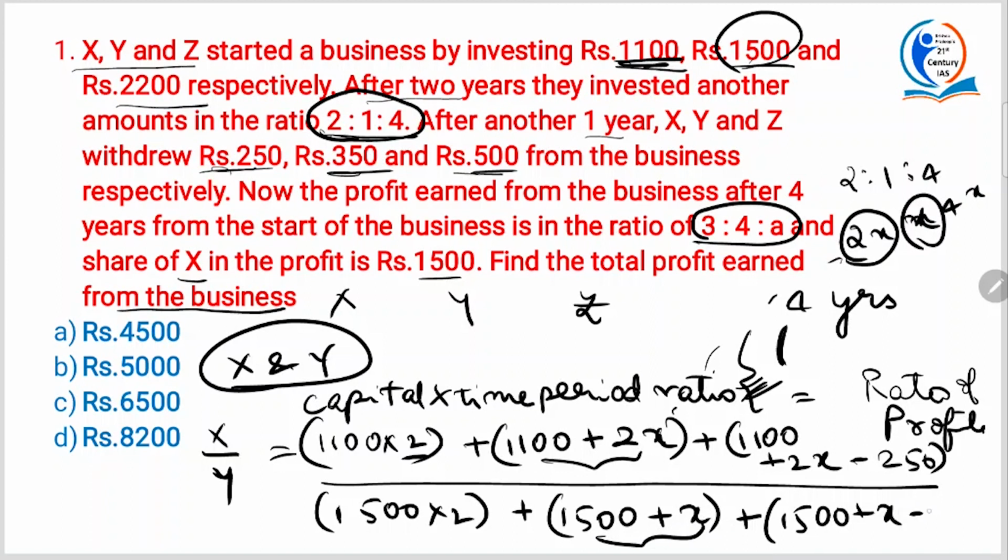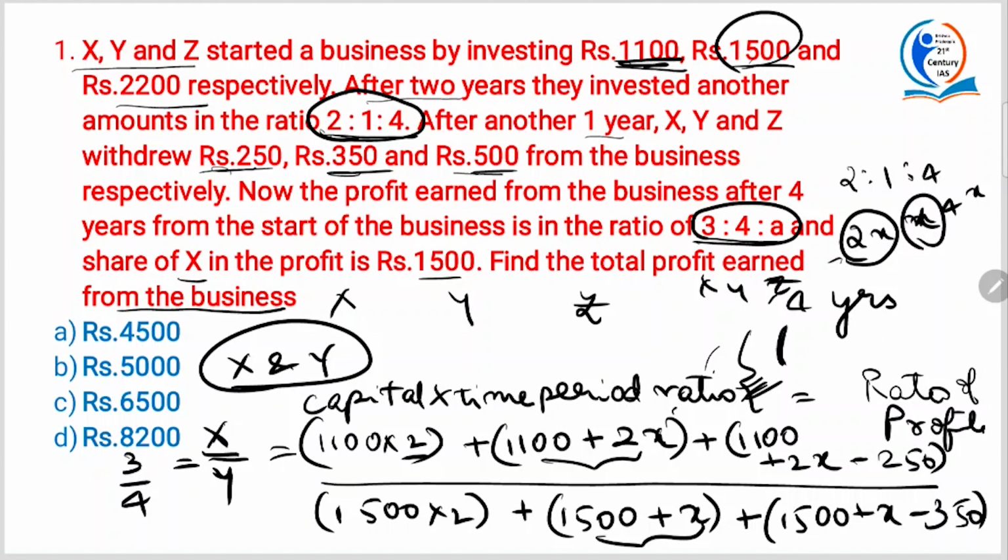Out of this amount he is taking off 350 rupees. So this will be the ratio of profits of X and Y at the end of the 4th year. And this ratio is equal to how much? 3:4:A is the ratio of X, Y, Z's profit, right? Out of this, we only consider X and Y. Then it will be 3:4.